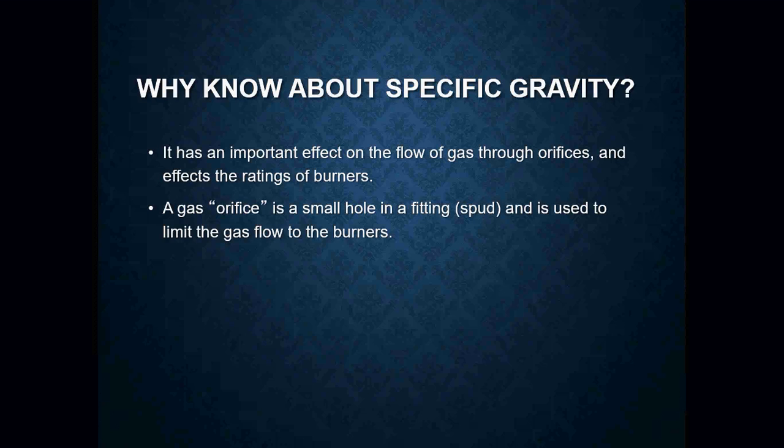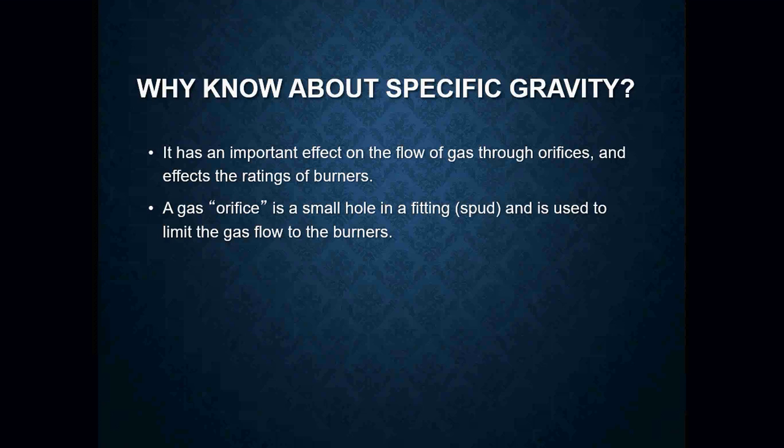in your equipment. Remember, in our gas lines, we're going to have gas regulators. We're going to have gas orifices. All of those components are going to control the amount of gas to your appliances. Okay?